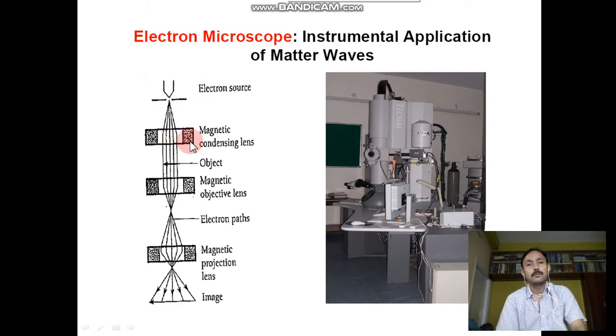It is coming through magnetic condenser lenses. That is the object. This is the magnetic objective lens. These are the electron paths, and this is how it works. It is beyond our scope to know how EDAX works, but it is based on the principle of matter waves.